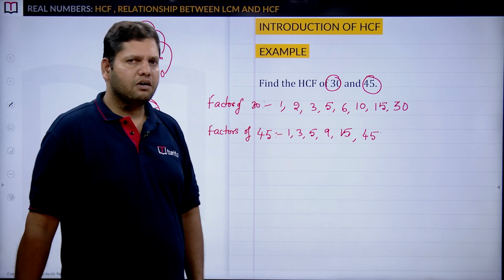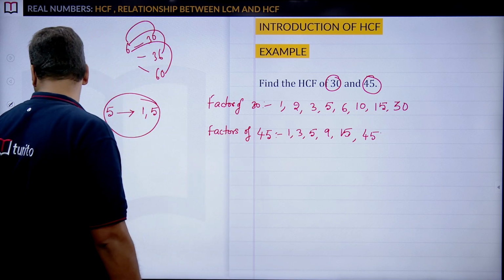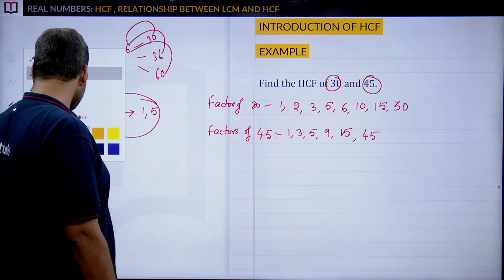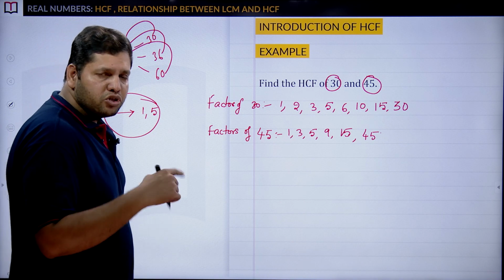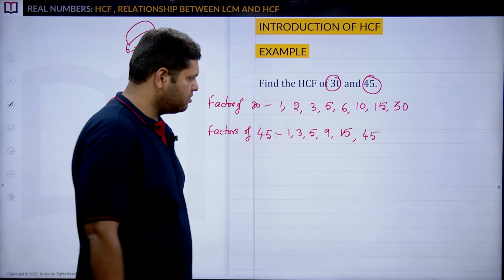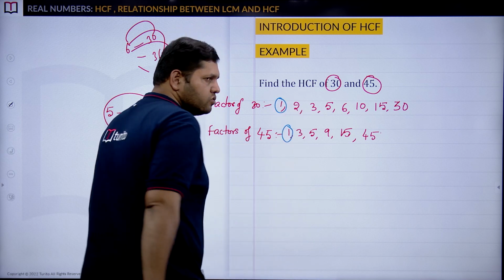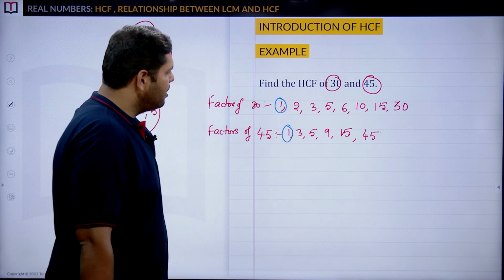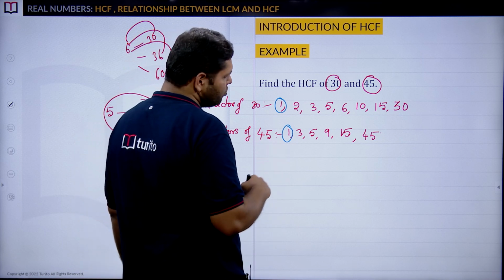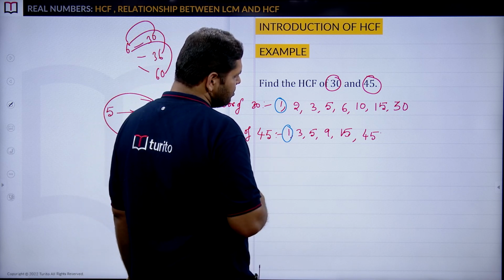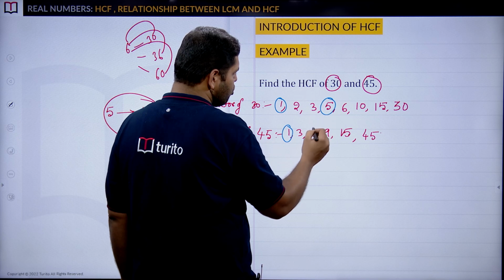Now, children, look at this, all the factors of 30 and all the factors of 45. Now, what I am doing? I am just rounding off all the common factors. See, I can say 1 is common for both the numbers. So I am rounding it off. Next, what is common to both the numbers? Just look at this. I can say 5 also common.